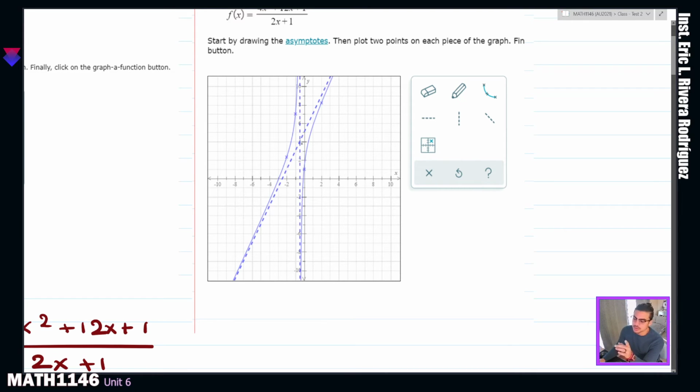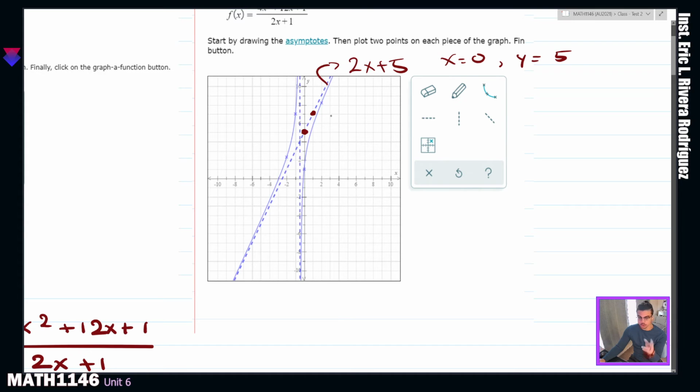One thing though, to identify the oblique asymptote is here, which is 2x plus 5. Treat the oblique asymptote as a line because it's a line. So that means that for the oblique asymptote you need to have 2 key points. Those key points are when x is equal 0, y is equal 5. So that is going to give you 1 point of the oblique asymptote, and then with x equal 1 the y value is 7.